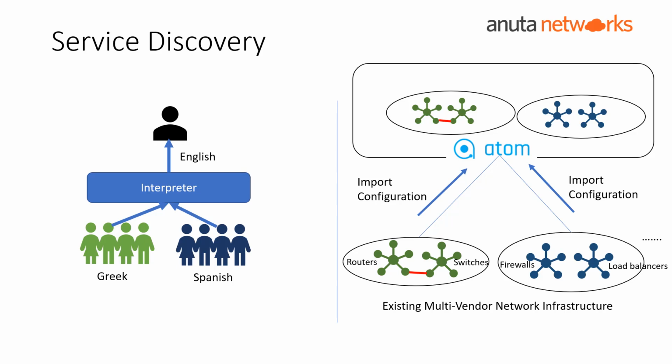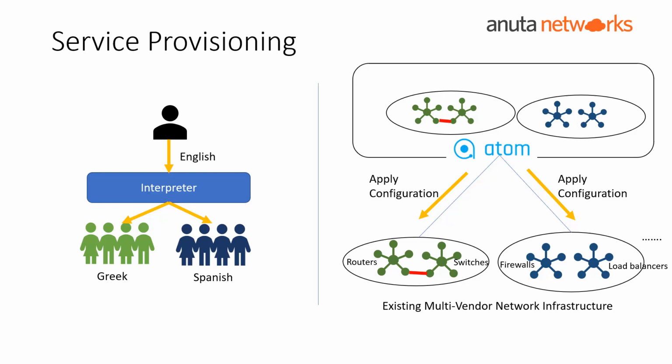Similarly, Atom will import the configurations from the devices and normalize it into a single common language and stores it in its database. At this point, we have a network discovered both from a topology perspective and from a configuration perspective. It's time now to start configuring the services.